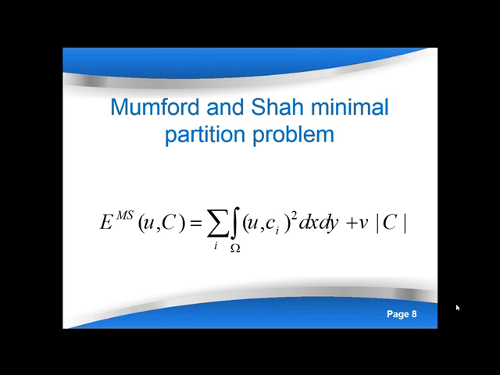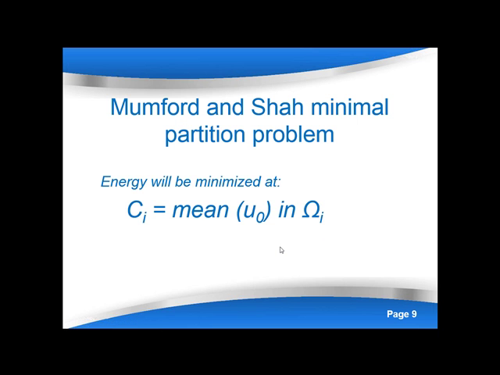If segmented image u is restricted to be a piecewise constant function, or in other words u is a constant in each connected omega i, then we have this formula for energy. And since C, our contour, is fixed, the energy will be minimized when ci is equal to average of u naught in omega i.